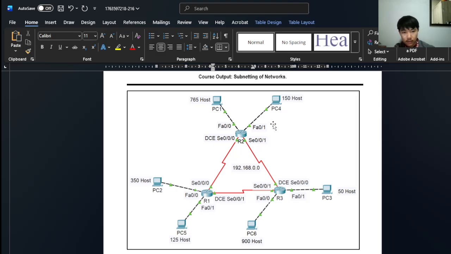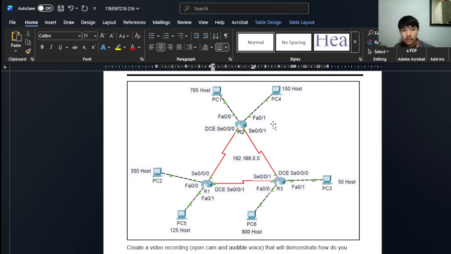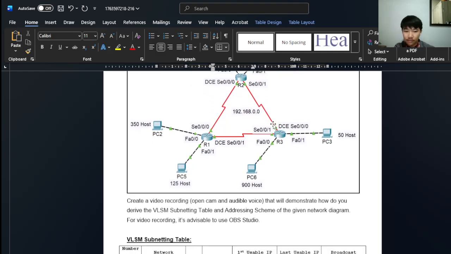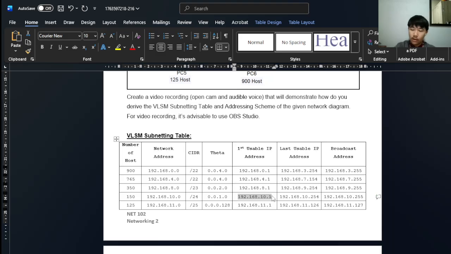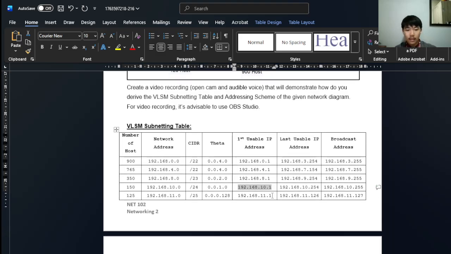For FastEthernet 1, it is 150 hosts. For our 150 hosts, it has a first usable address of 192.168.10.1.